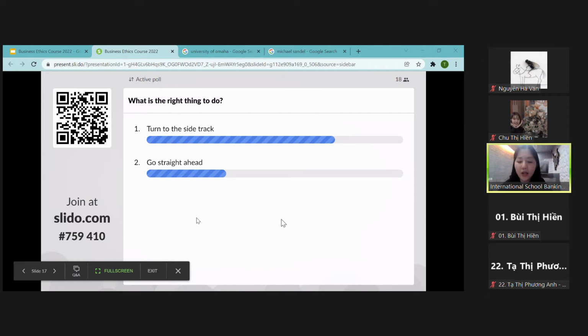Okay, the reason why we try to investigate this case is because we want to find the underlying principle behind our decision, right? And maybe we will find a good principle that is good enough that it can become the universal principle. What is the universal principle? That is the principle that can apply to everyone, and if everyone does the same, it will bring the best interest for everybody in the world.